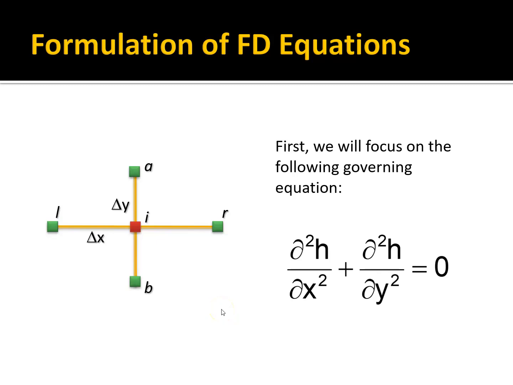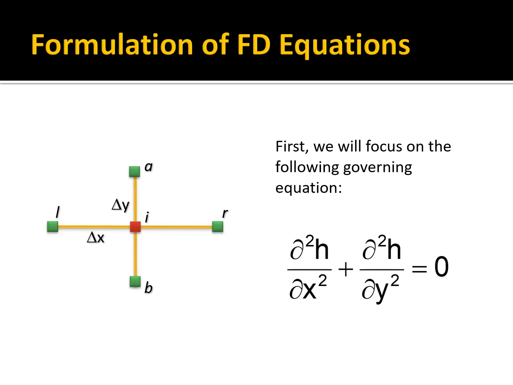So our objective here is to formulate an equation for head at this node that satisfies this governing equation. And you'll notice that I've gotten rid of the k terms, the kx and the ky. So we're assuming, for the sake of this derivation, that we have isotropic conditions.